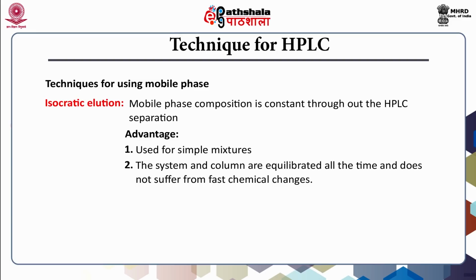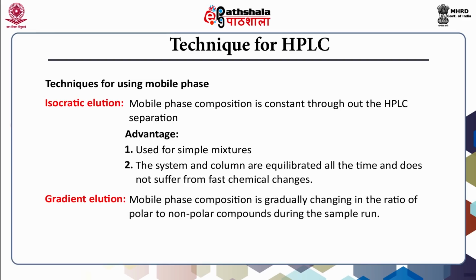However, we have to use gradient elution in some experimental conditions. Gradient elution means the mobile phase composition is gradually changing in the ratio of polar to non-polar compounds during the sample run. The advantage of gradient elution is that it can be used mainly for complex mixtures.